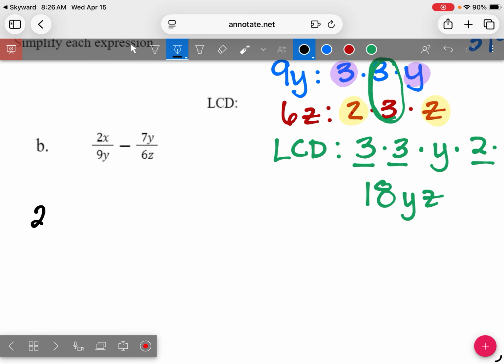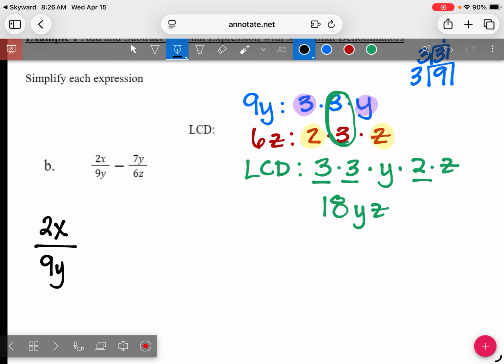So I have 2x over 9y. You see my 9y had a 3. What was missing here is the 2 and the z. That's what's in my pot that's not in the blue row. So I have to multiply the first fraction by 2z, top and bottom.